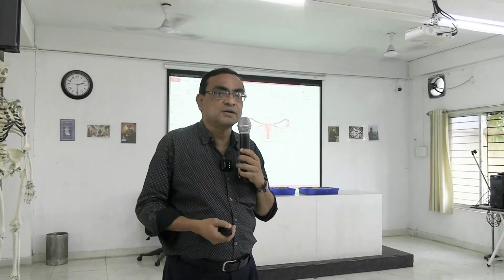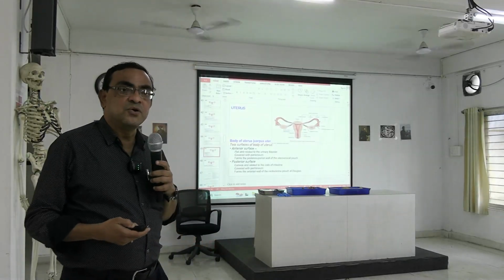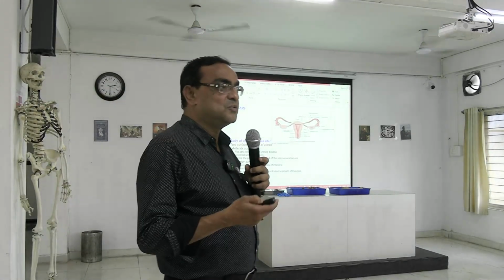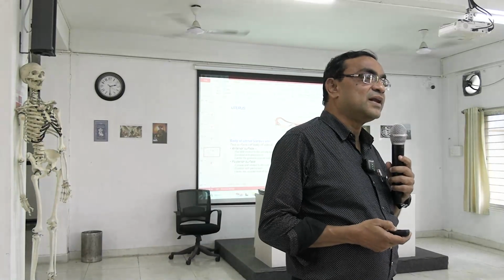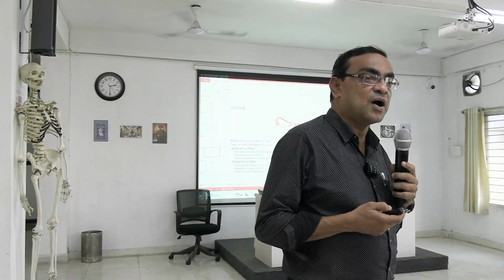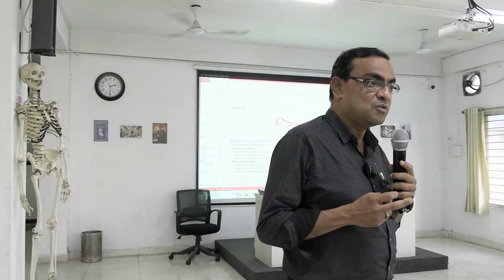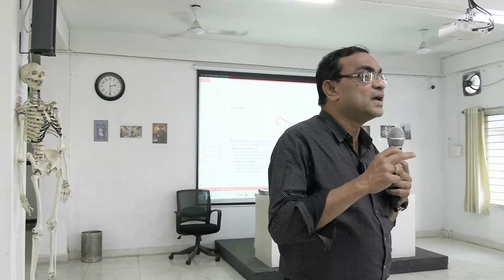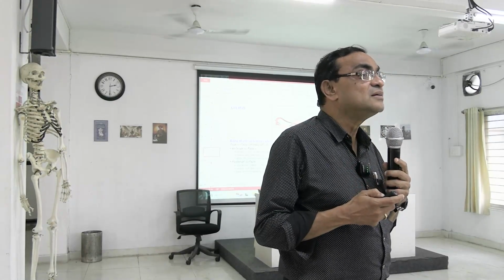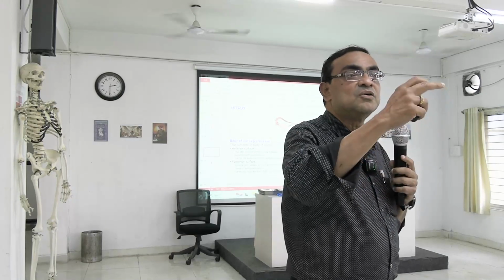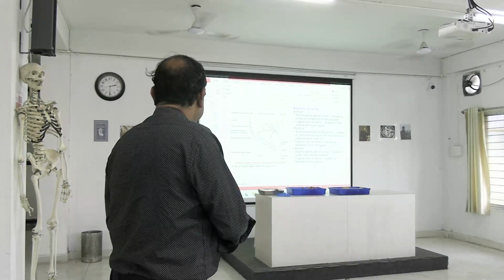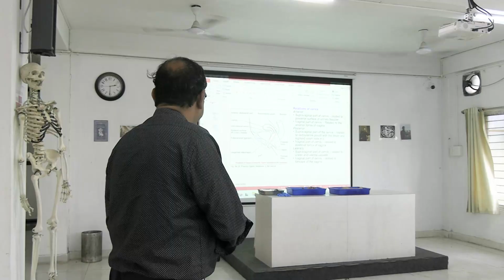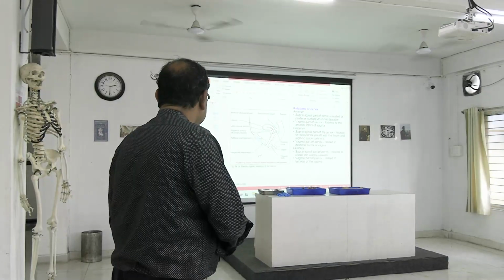There is a peritoneal relation that you already know, that is the pouch of Douglas, the rectovaginal pouch, and the uterovesical pouch. You know, this is the position of the uterus within the pelvic cavity.